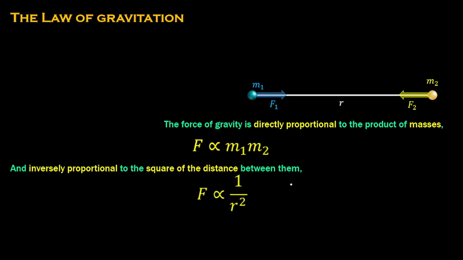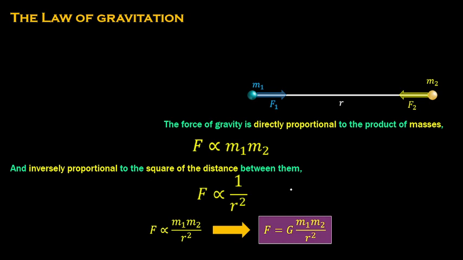These two proportionalities can be combined together, and finally we obtain a simple mathematical formula that dictates the dependence of gravitational force upon the masses and distance. G is the constant of proportionality and it is called the universal gravitational constant. Its value remains fixed, independent of anything else that exists.